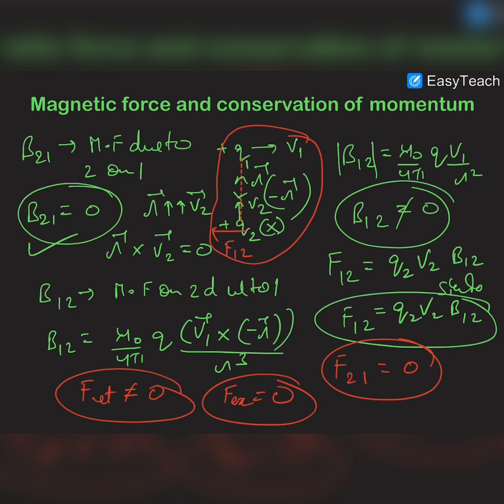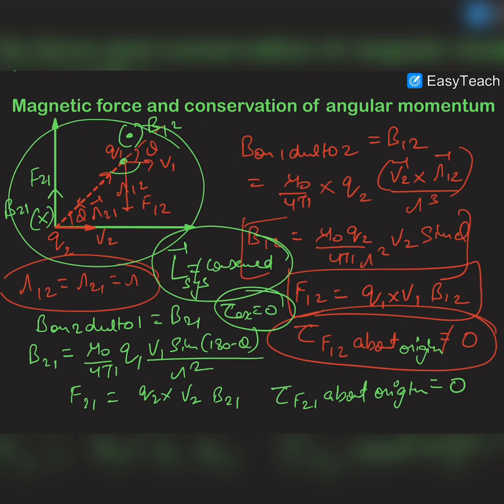But if we also consider the torque of electric forces, or if we consider the net torque of electromagnetic force acting on Q1 and the net torque of electromagnetic force acting on Q2, then we can see that obviously the net electromagnetic force acting on Q2 will be passing from this point definitely.